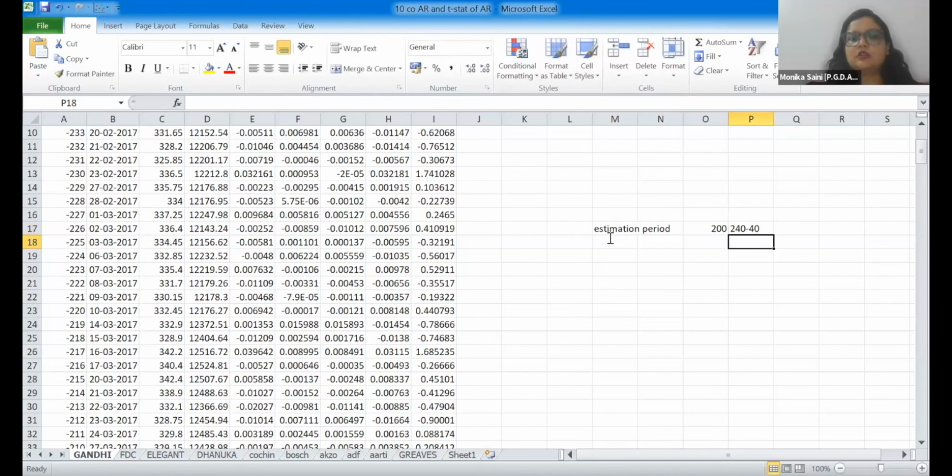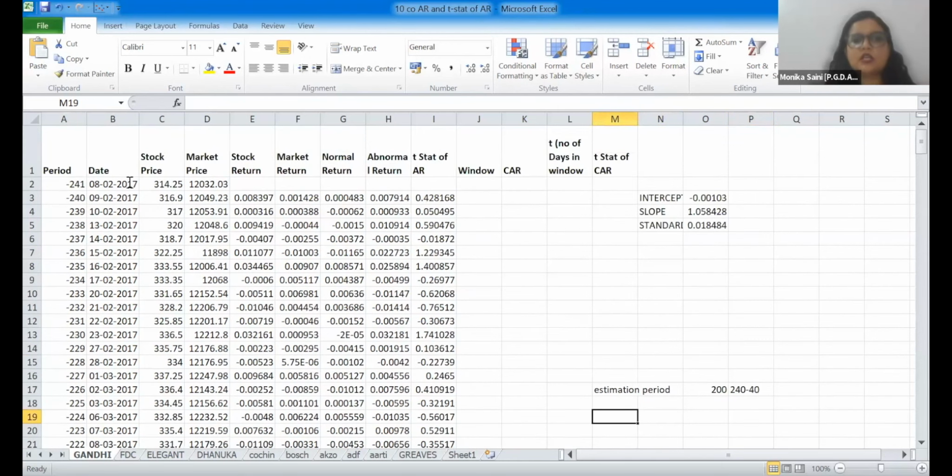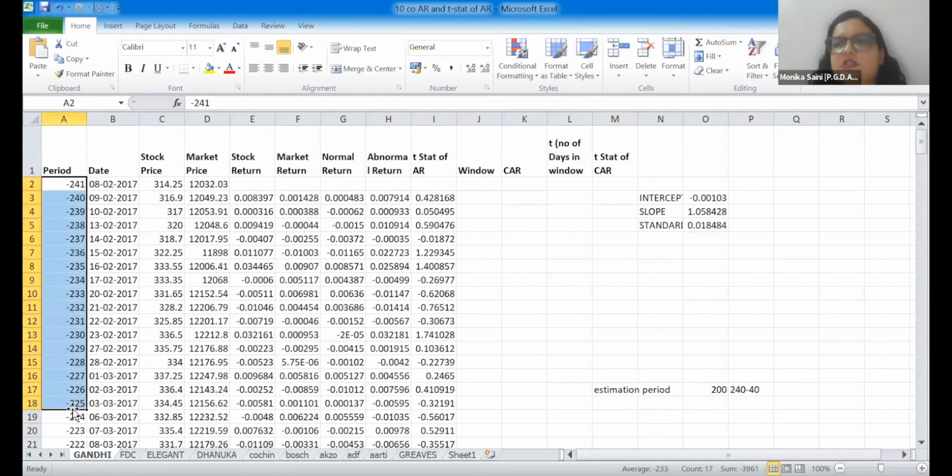Right? And this plus 40 to minus 40 is my event window. What is the importance of this estimation period? This estimation period is going to help us in calculation of a normal return. Okay. So these are two very important terms that we need to define.